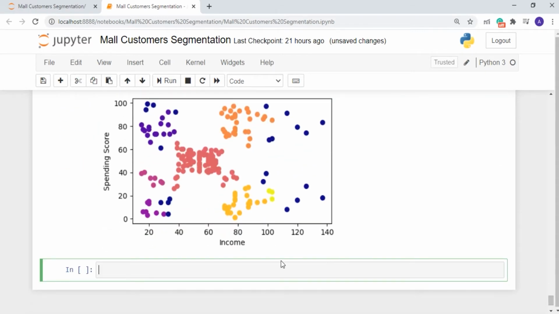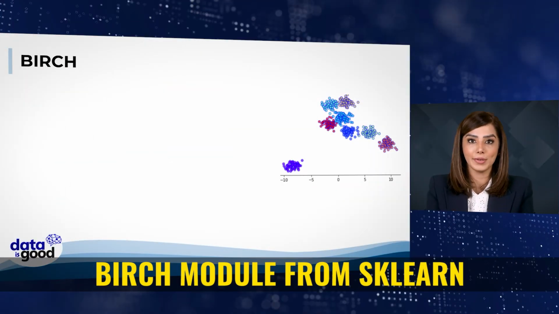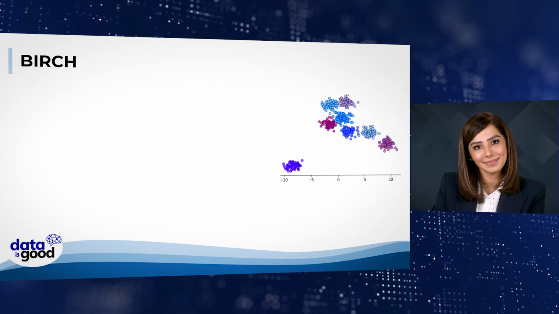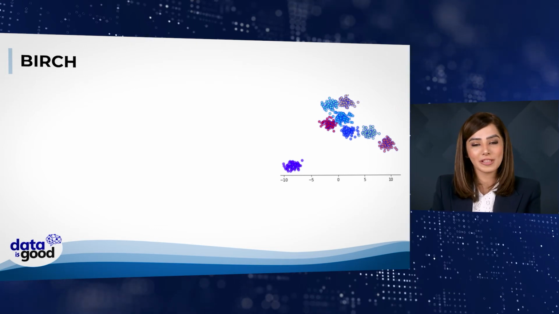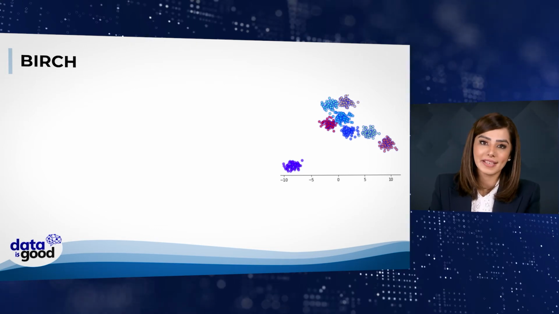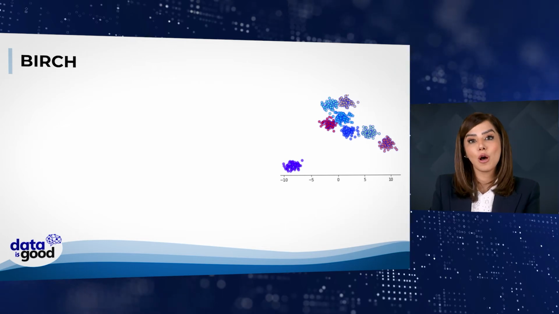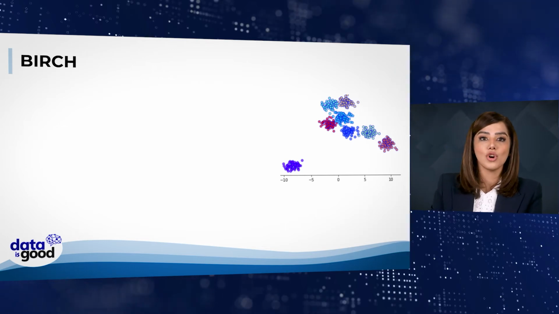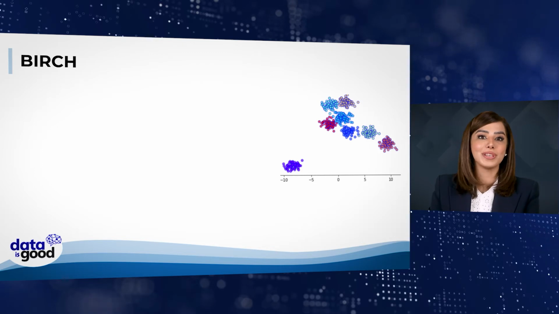Now we are going to learn and understand the working of another important clustering algorithm, the BIRCH clustering algorithm. To begin with, the most important thing is that it's an unsupervised data mining algorithm used to perform hierarchical clustering over particularly large data sets.